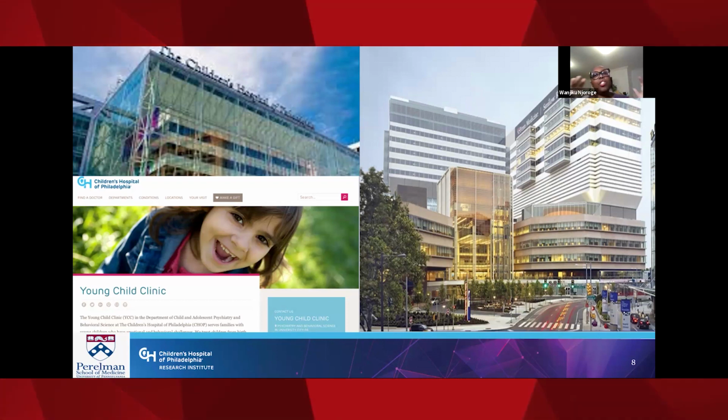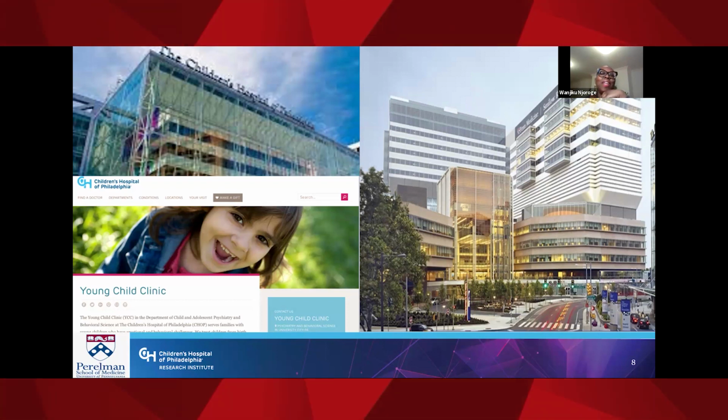And it was very much modeled on the CDU at Yale and the experience I'd had at Yale as an infant fellow. So I replicated that as much as I possibly could, being the only child psychiatrist at CHOP and not having the breadth of other folks that I had at the Yale Child Study Center.